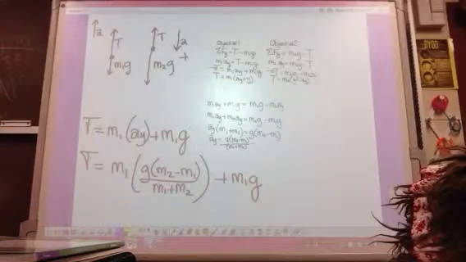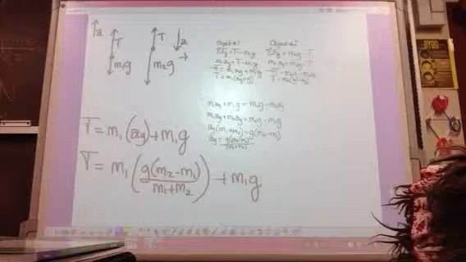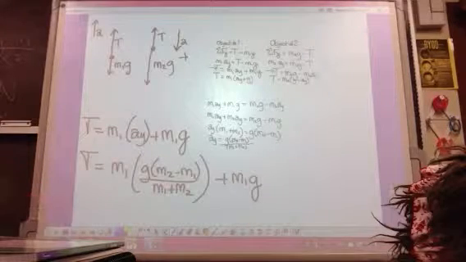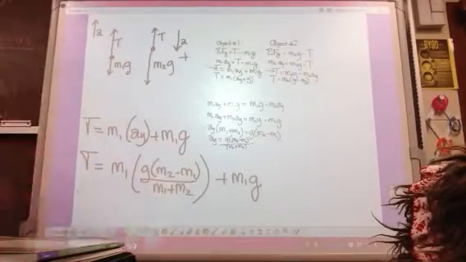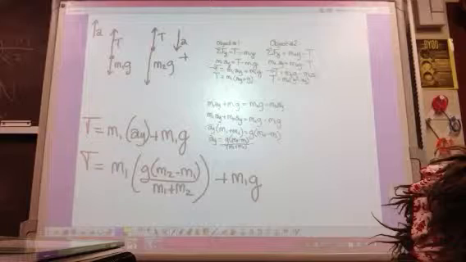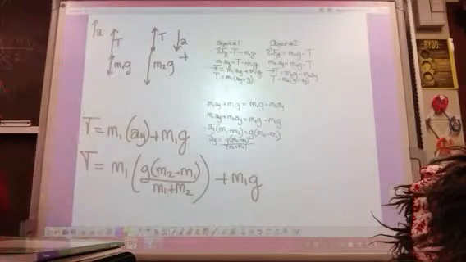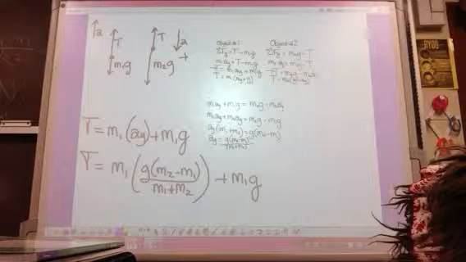There's my tension. We can simplify that down, of course, but ultimately, here's what our tension would be. All I have to do is plug in that ay, because this is telling me that acceleration as a whole, and then I could find tension.